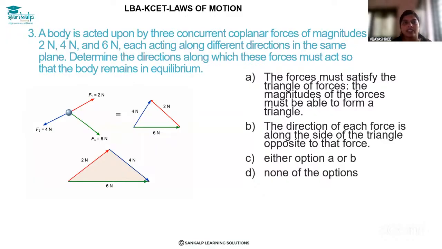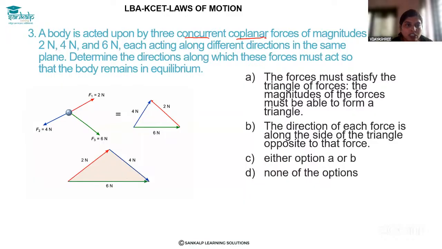We are given three concurrent coplanar forces. Concurrent coplanar forces means the starting point of all three forces is the same. Coplanar forces means all three forces act in the same plane.